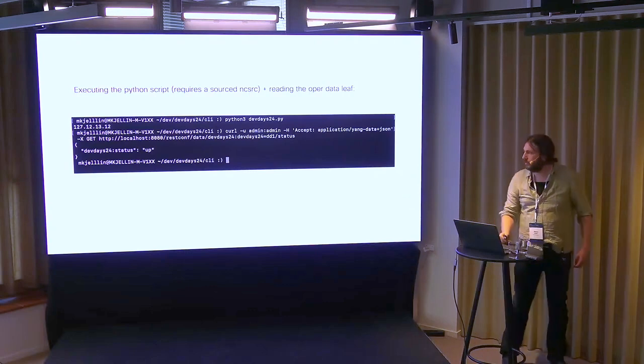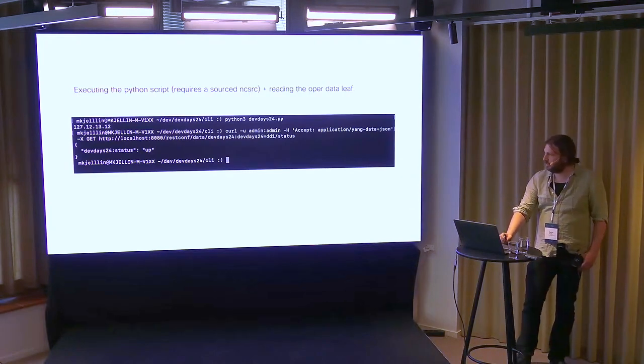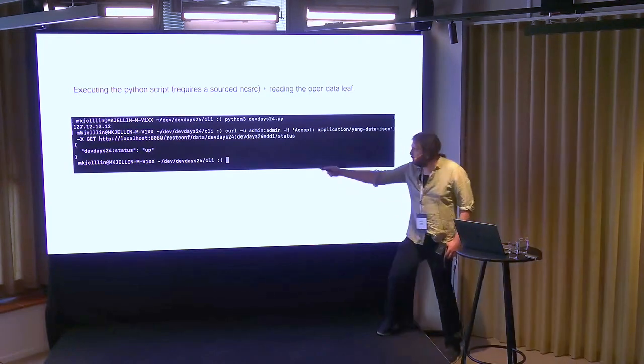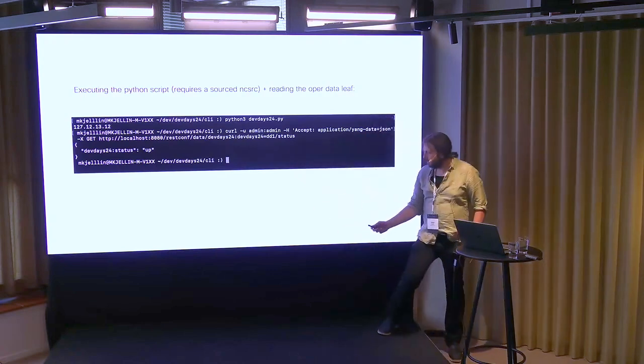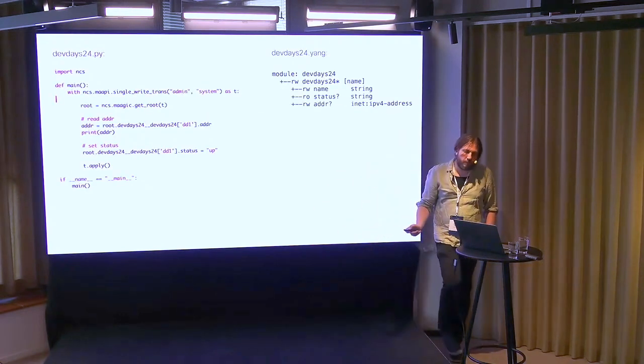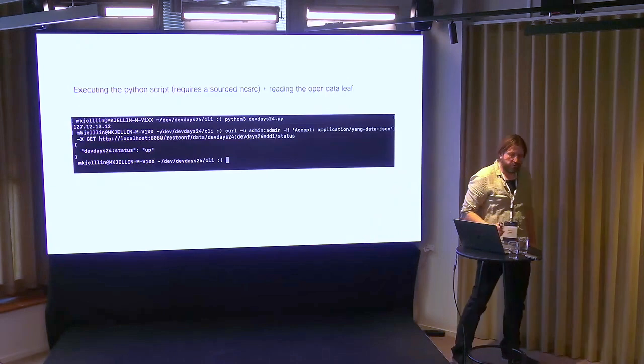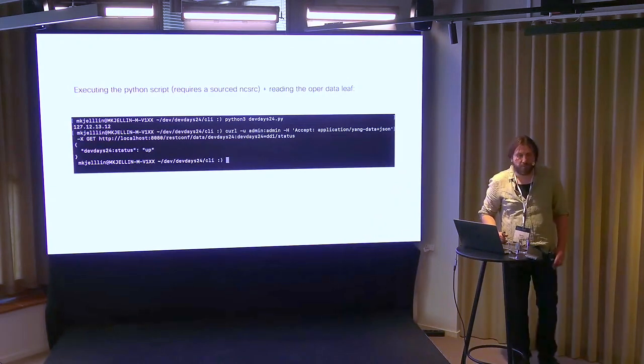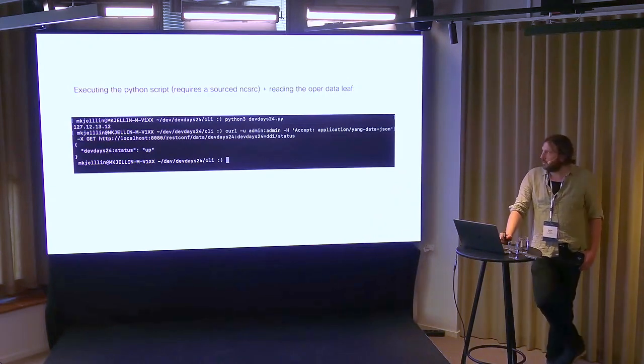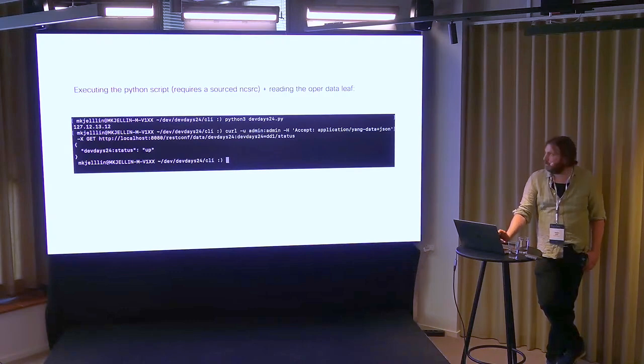And I see that I have successfully set it to up, as the Python code did. So when developing stuff for NSO, whether it be service code or small utilities or integration points, it's really nice to be able to just put it in a small Python script and try it out before going for the full thing.